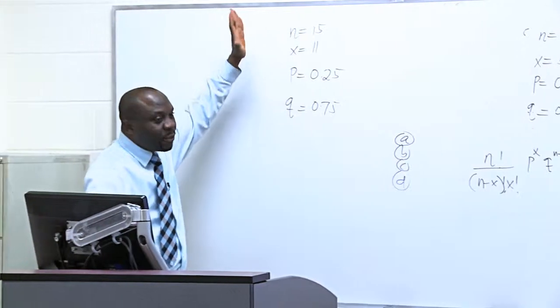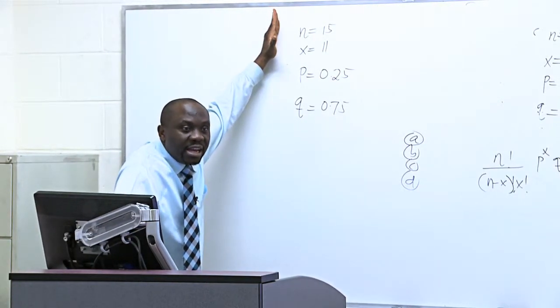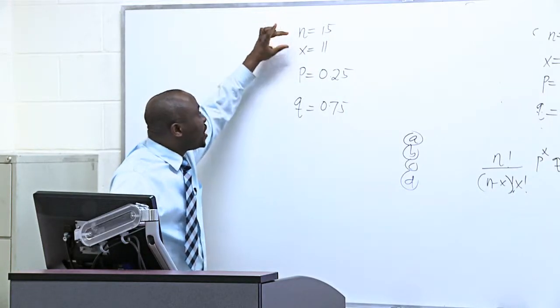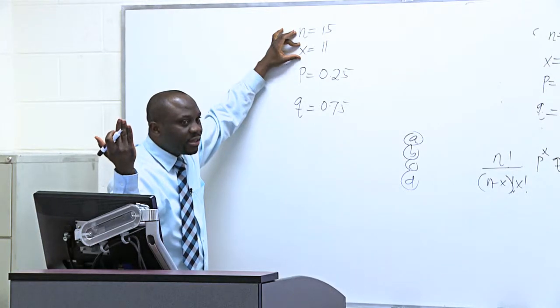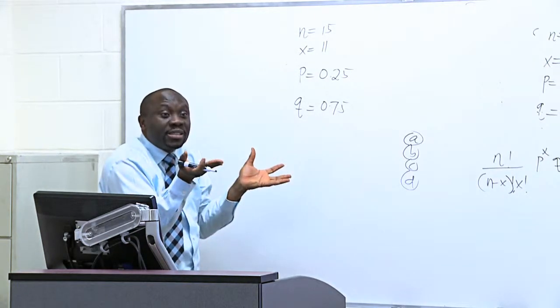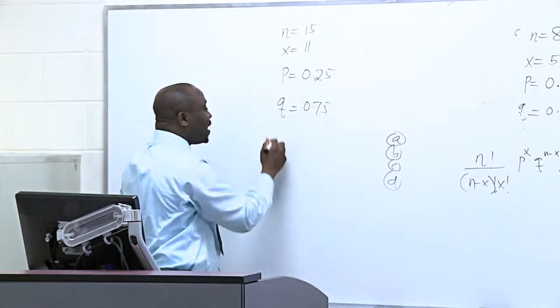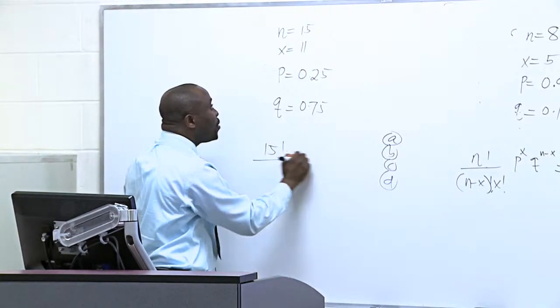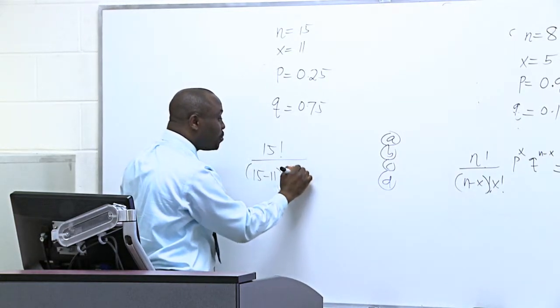So you have a multiple choice exam, 15 questions, and of the 15, your goal is to get 11 correct. So you want to calculate your chances of passing that exam. Great. So in that case, n is 15. So it's 15 factorial over 15 minus 11, just substituting these numbers.